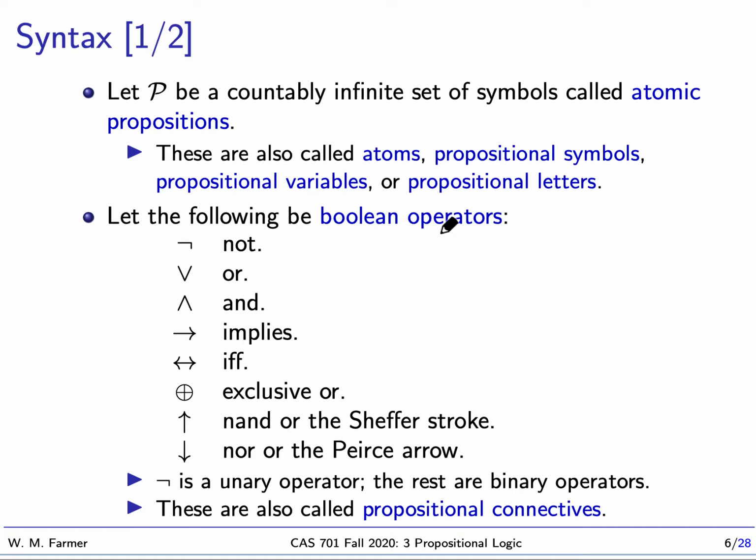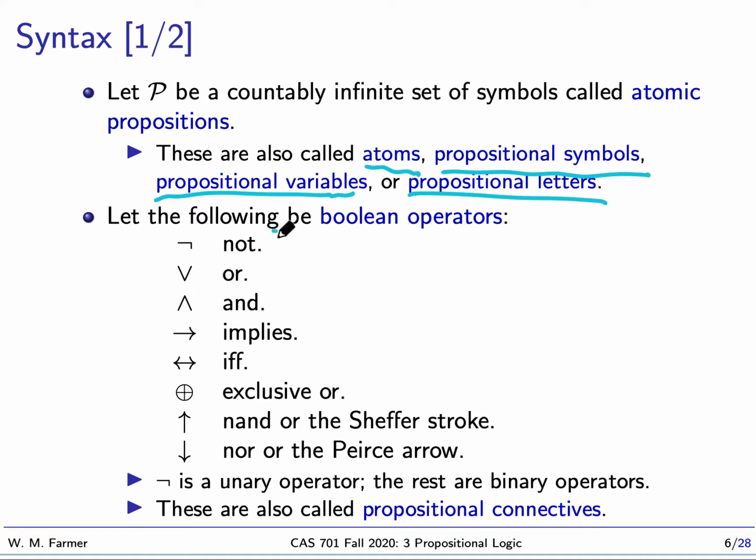So we're going to call these atomic propositions, but they're also called atoms, propositional symbols, propositional variables, or propositional letters. They behave in some ways like variables. So we have this set of symbols, and in addition we have a bunch of Boolean operators, and we're going to have a rather full set of these.